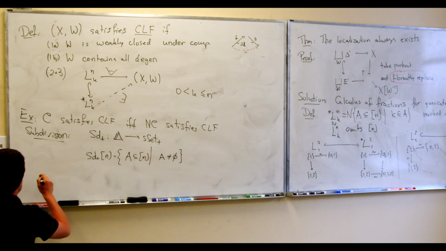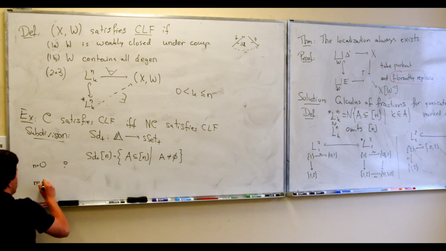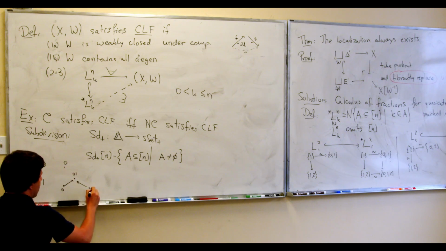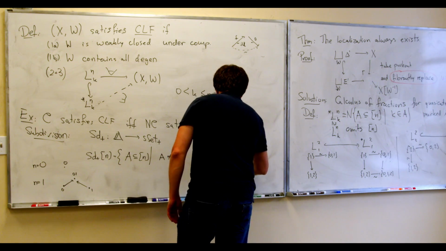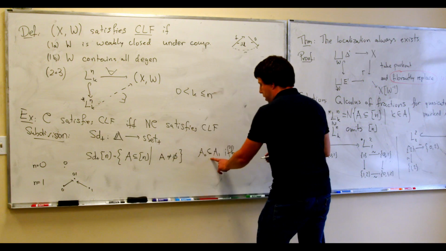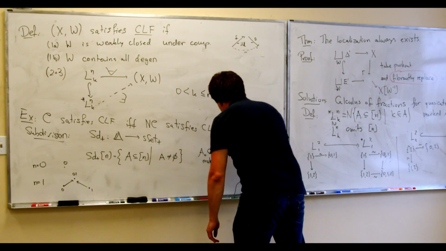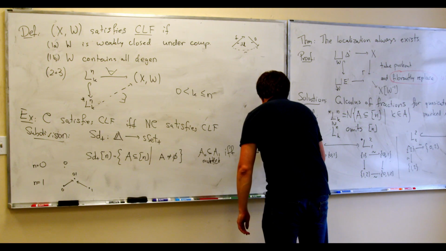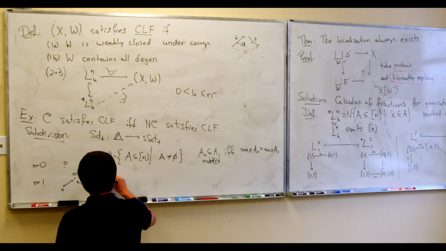Okay, so if we look at n equal 0, what we're going to get is just 0. If we look at n equal to 1, what we're going to get is something that looks like this: 0, 0 1, and 1. And again, I'm marking them using max. So A0 to A1 is marked if and only if the maximum of A0 is equal to the maximum of A1. Okay, so this is marked.